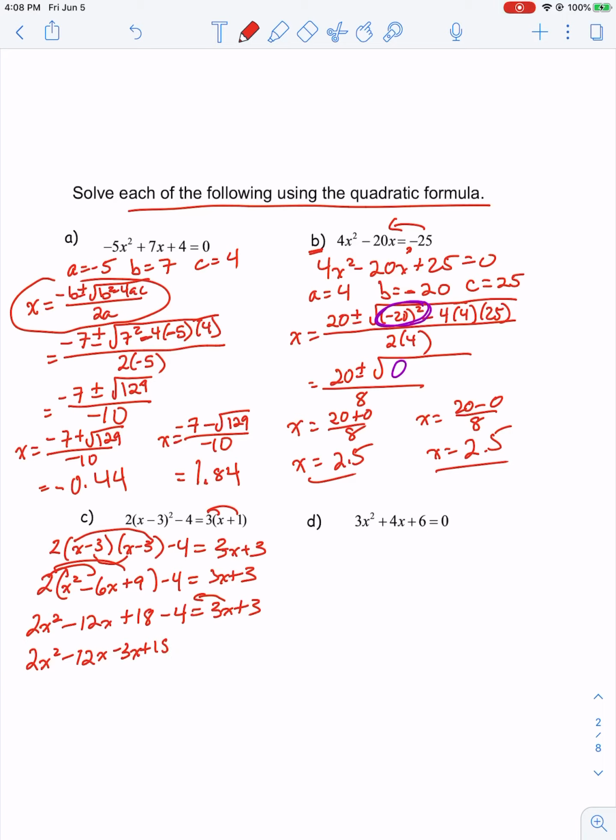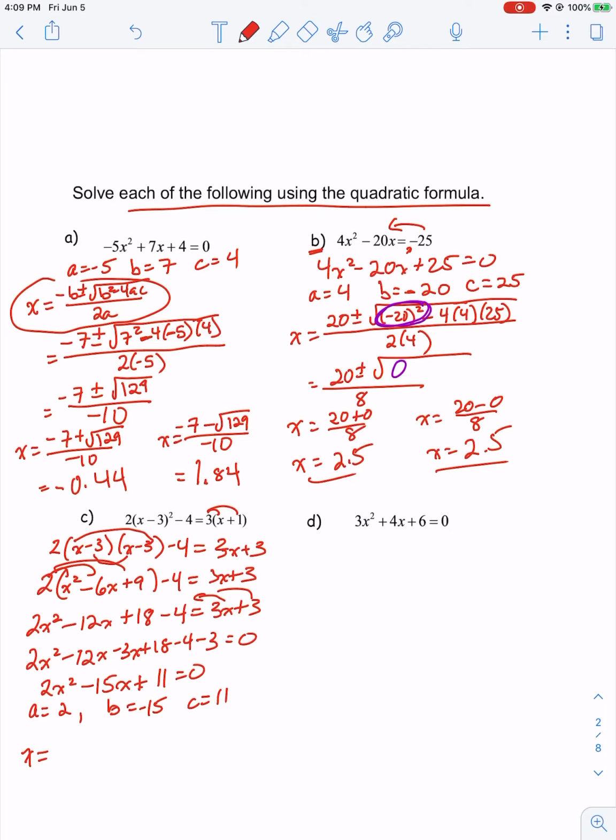We got a plus 18 and a minus 4, and then we've got a minus 3 as well. So that becomes 2x squared minus 12 minus 3 is minus 15x. 18 minus 4 minus 3 is 11. So A equals 2, B equals negative 15, C equals positive 11.